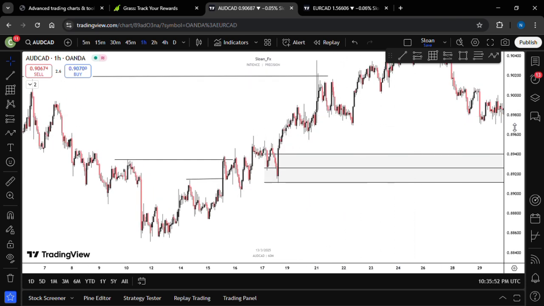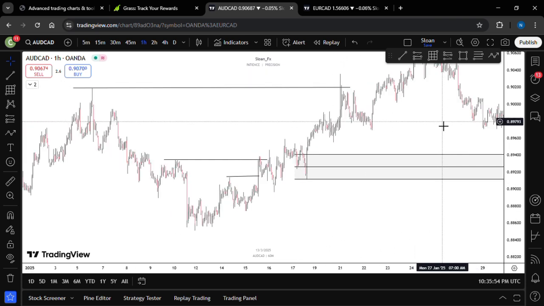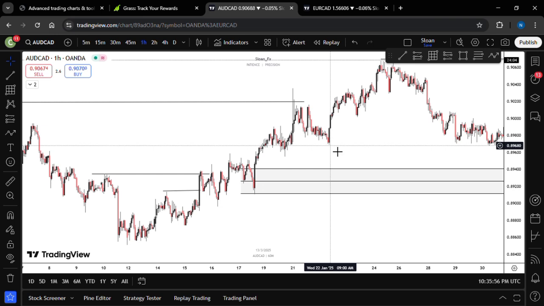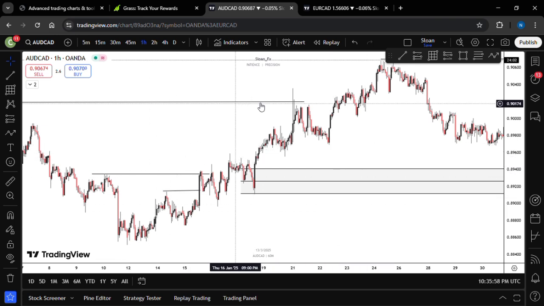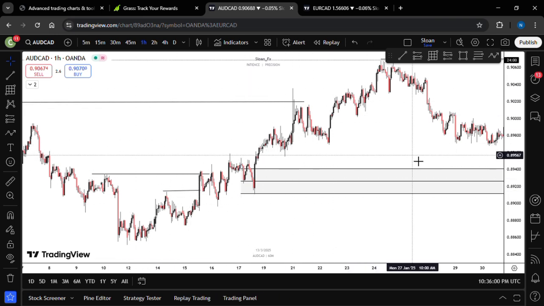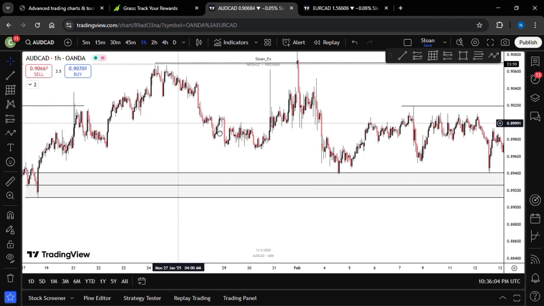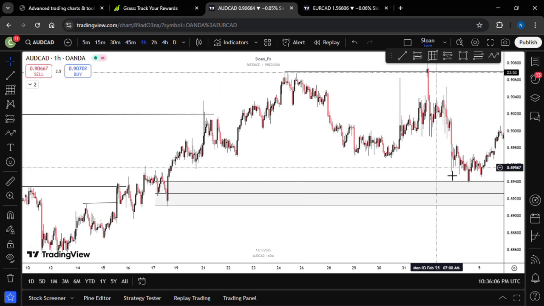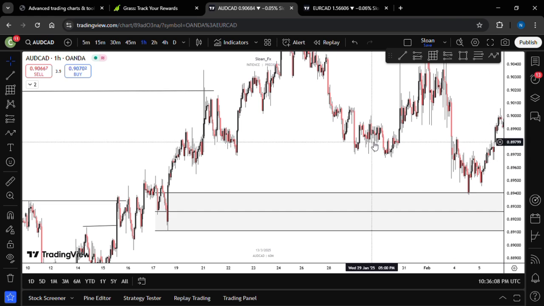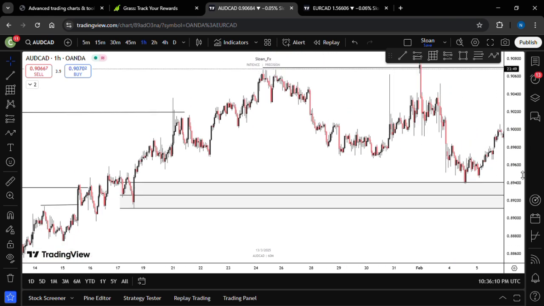So you will see a lot of break of structures in between, and when I get to this area where the market is just looking to retest into the POI, the order block, and then keeps going, people will go and pick here, maybe this area or this area, as their change of character, which is wrong. It's just a retest into this block.